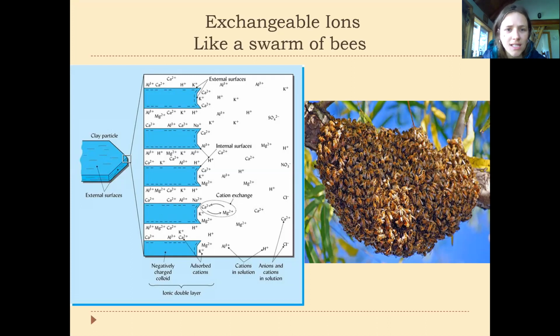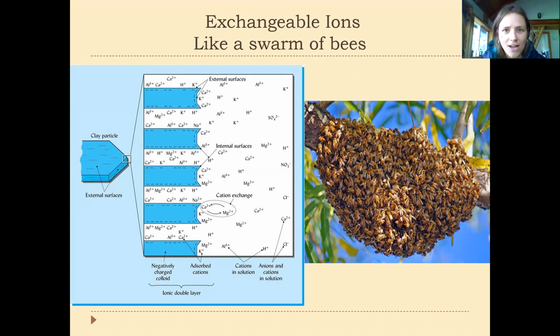And so these positively charged elements, things like Ca, calcium, Mg, magnesium, K is potassium, and Na is sodium, are bonding on to these negatively charged surfaces, both on the external surfaces and on the internal surfaces. And they are constantly exchanging. On the bottom part of this diagram, there's calcium and magnesium circled, and it says cation exchange.